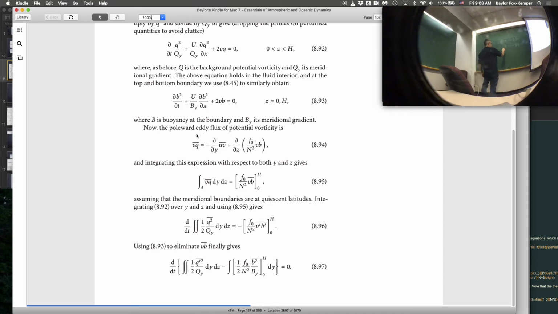I can put the y derivative on the U, and I get this term, which is the same as this term. But if I put the y derivative on the V, what do I get? dV/dy.